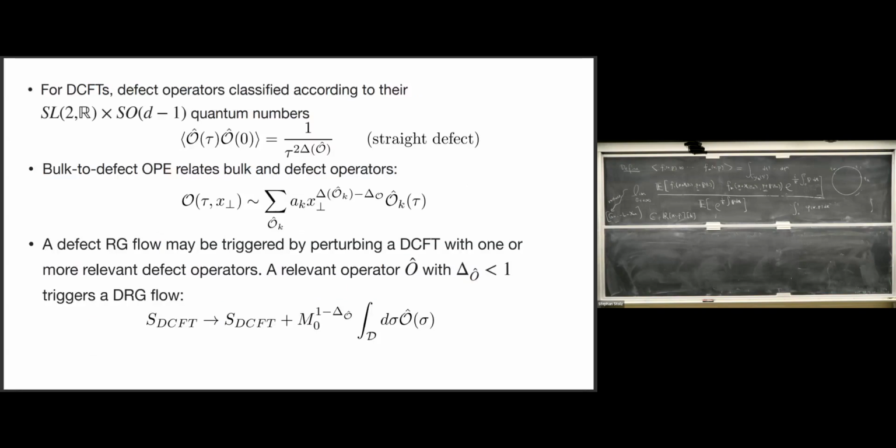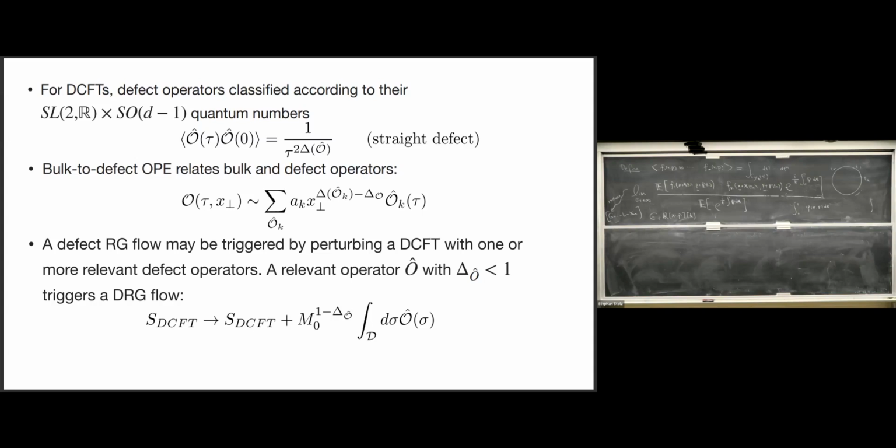And similarly, when we talk about line defects in conformal field theories, the defect operators are classified according to the SL(2,R) quantum numbers. So for example, for the straight line, the 2-point function of defect scalar operators takes this form. We also have the bulk-to-defect OPE that relates bulk operators to defect operators.